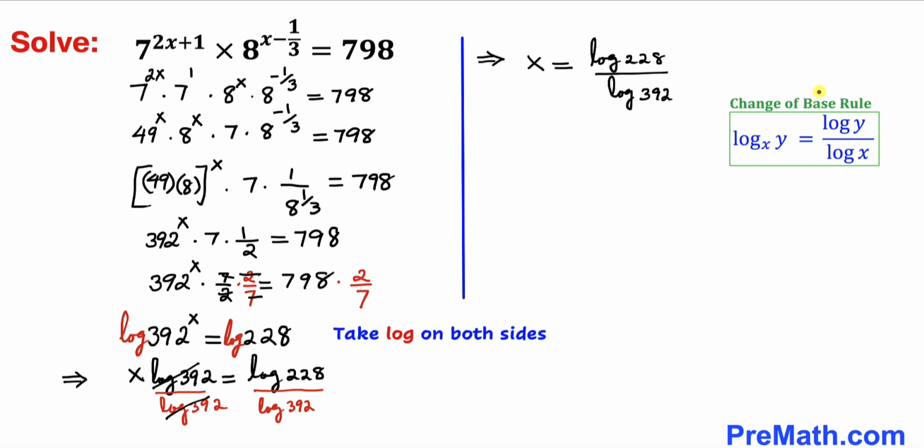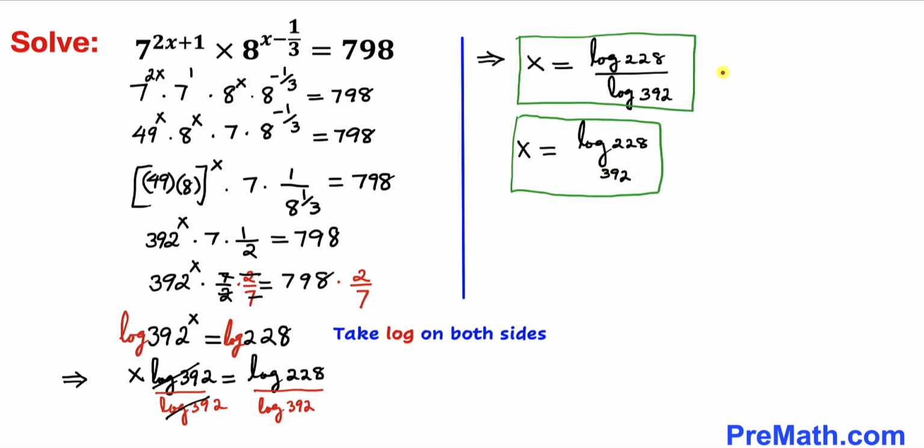And now let's recall the change of base rule. We are going to apply it on this right hand side. So therefore x equals log of 228 with base 392.